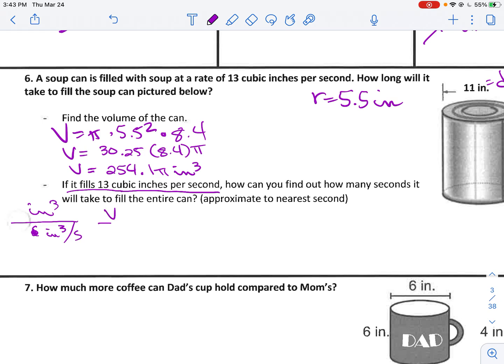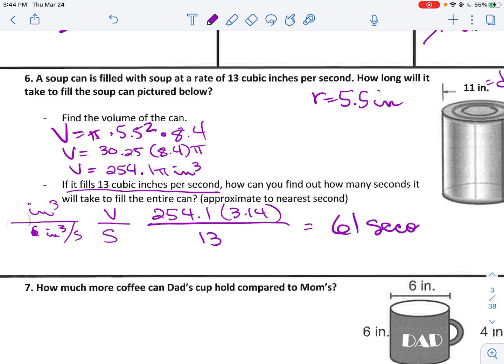So we're going to take the volume and divide it by the speed at which it fills. So 254.1, and I'm going to multiply by 3.14 all over 13. So I'm going to multiply on top and divide by 13, and I'm going to come up with 61 seconds.